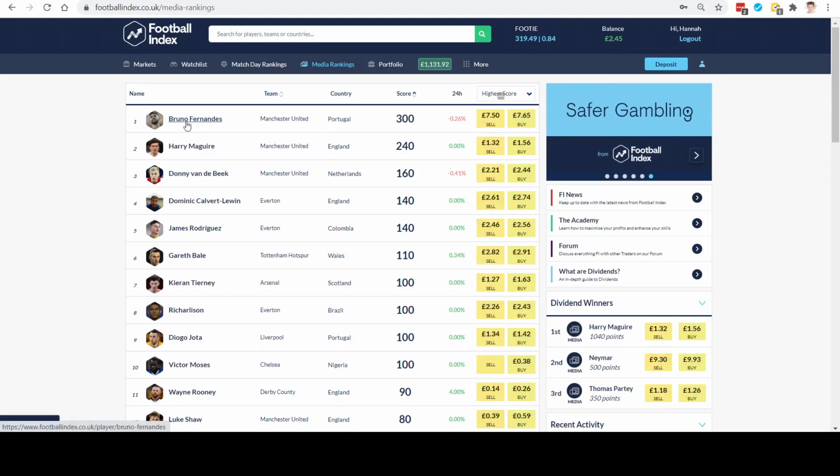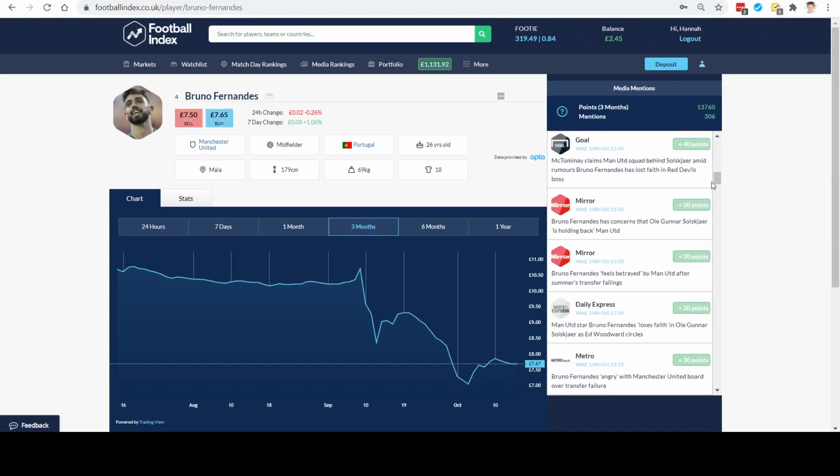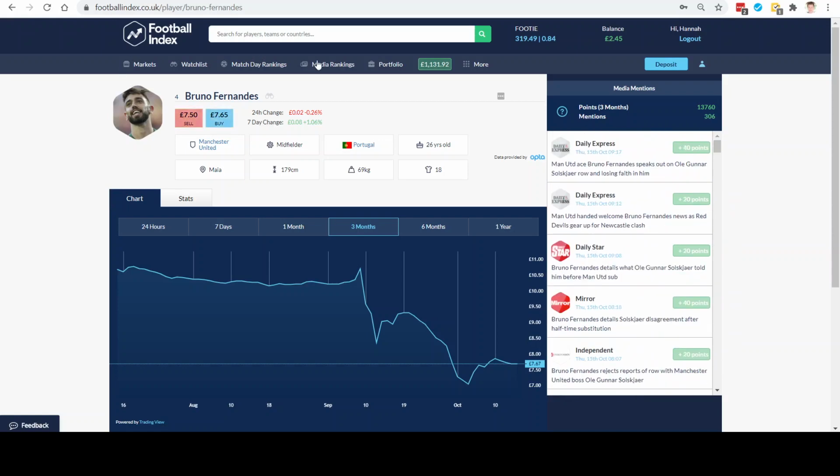If you actually click on Bruno Fernandes' profile, you can see how many points are attributed to each article there. Okay, and you can see previous articles as well for the day before, going back for quite a while. Okay, just something to note there.